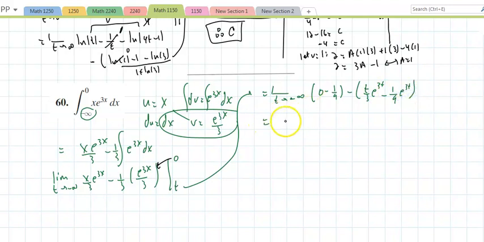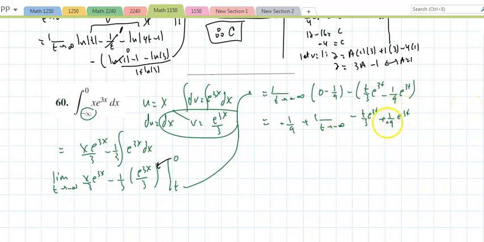Now, the negative 1/9 we really don't worry much about, that's not a big deal, plus the limit as t approaches negative infinity of negative t over 3 e to the 3t, plus I could have factored a 1/9 out, but I don't want to make this messier than it is.